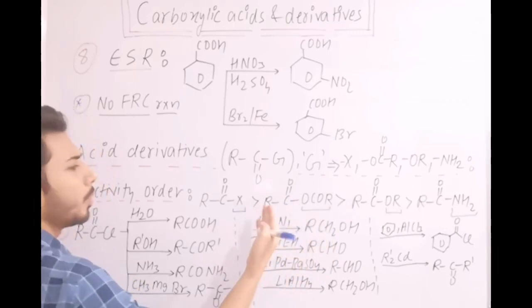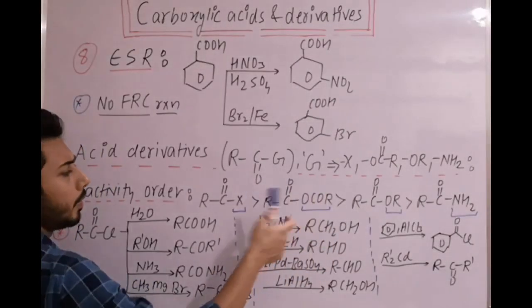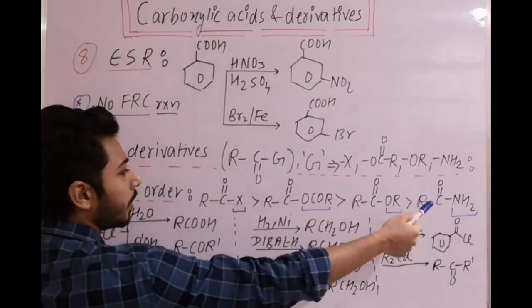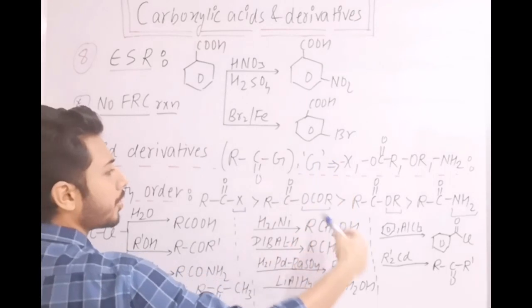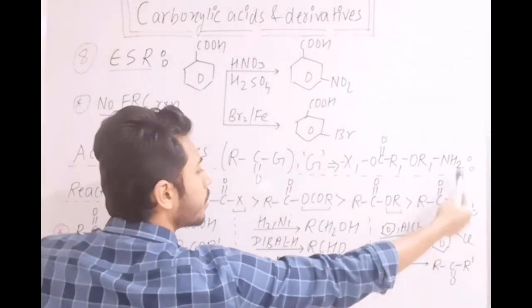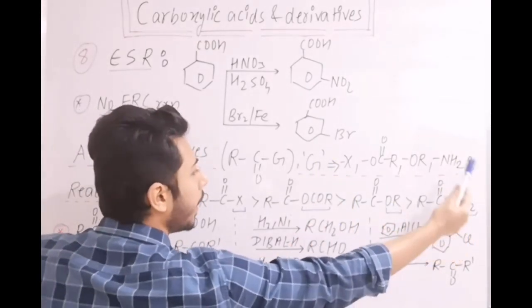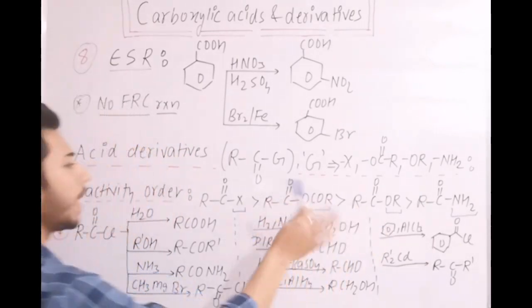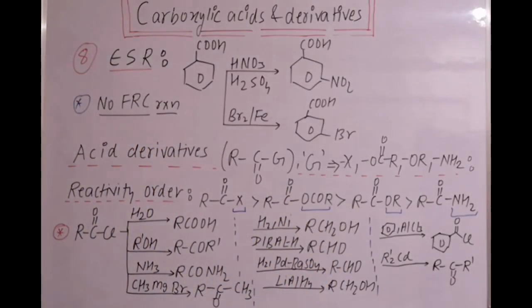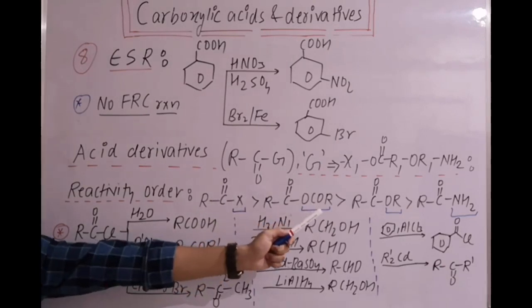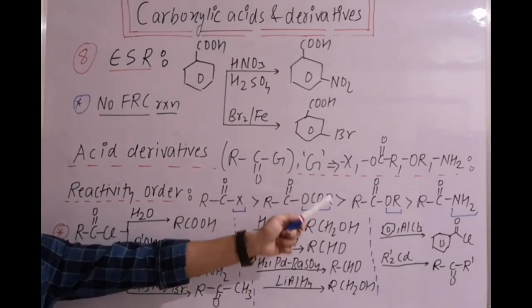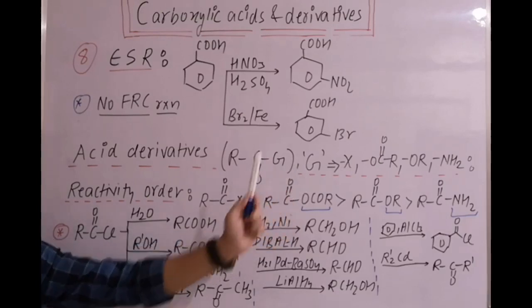Or if you go the other way, by leaving group ability, X minus is a better leaving group than others. Why? Because this negative charge is in conjugation further. Between these two, NH2 is the weakest leaving group. Why? It is the strongest base. So you can go by any way, but reasons are generally not asked. Reactivity orders are important. Acid halide maximum, acid amide least in nucleophilic acyl substitution.